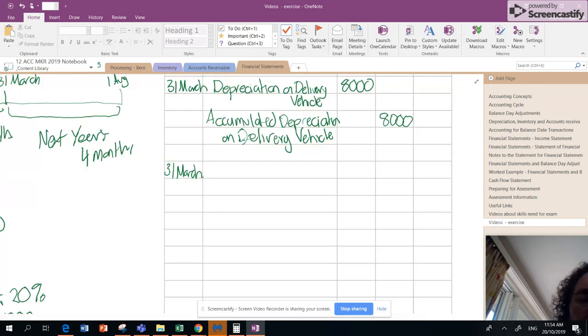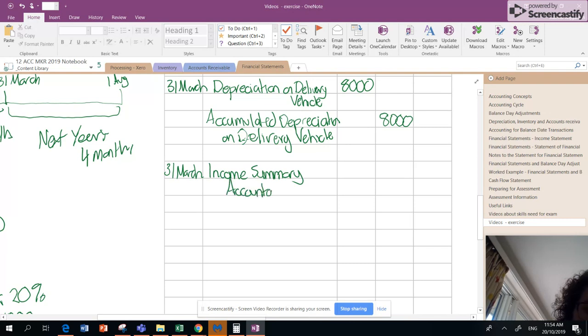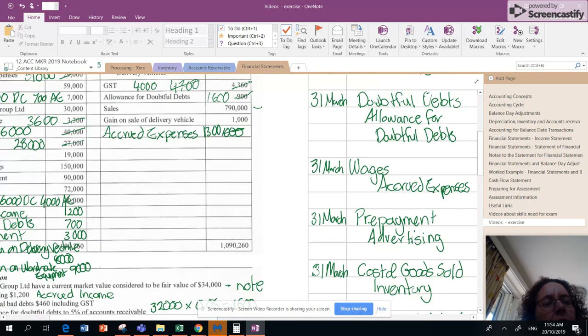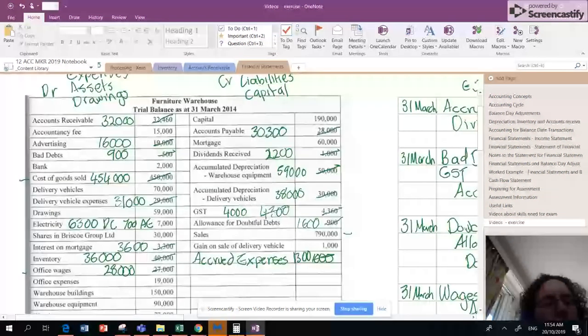So it's going to be debit income summary, credit accountancy fee. And we just got to go back and check how much it was. 15,000.